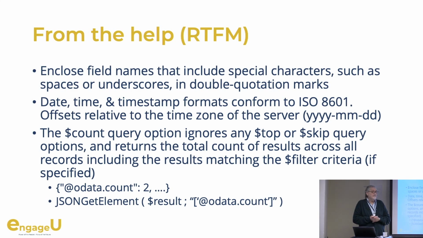So you can't use it as a quick version of what's the array value, how many values are there in the array. It will, however, tell you how many the total match the query. And in the headers that's returned, or in the data that's returned, you'll get an @OData count with a number.